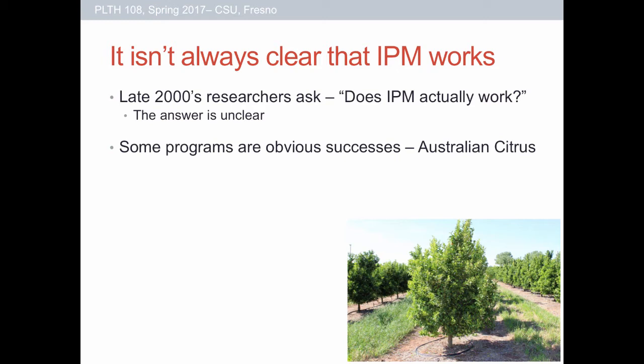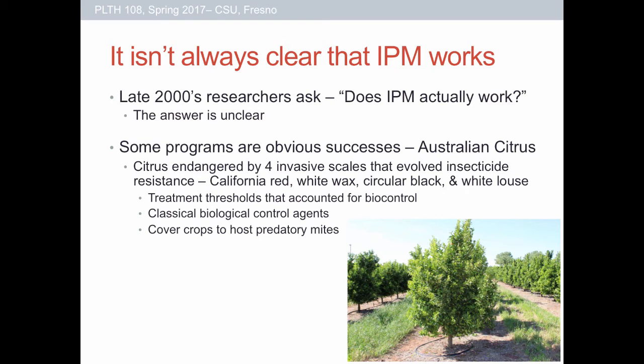People started digging into the literature, and what they were a little surprised to find was that it's not entirely clear that IPM does work really well. There were some cases where they found that IPM does work really well. There are these really obvious successes. A really good example is citrus in Australia. I've got two examples from Australia. One really good, one not so great. And by not so great, I mean a complete failure.